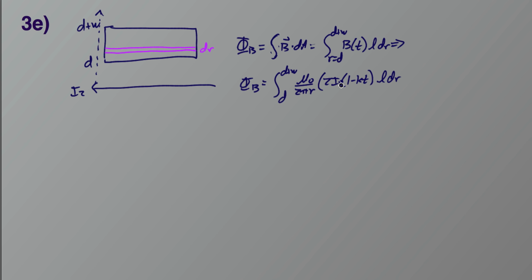And it's not even going to have us integrate it. We've just got to find the form that matches that. And as I look at my different choices, mu naught 2 I naught over 2 pi r, 1 minus kt.